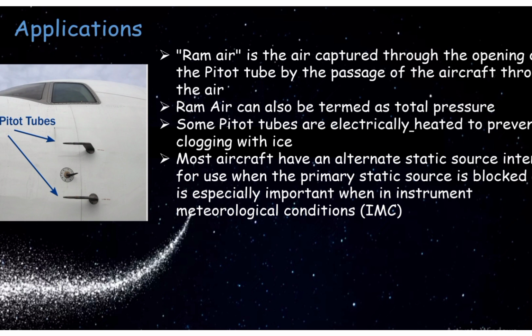Here we can see the pitot tubes and static port located on the aircraft. The ram air can also be termed as the total pressure. So the ram air pressure and the static port pressure get compared and show the indication.